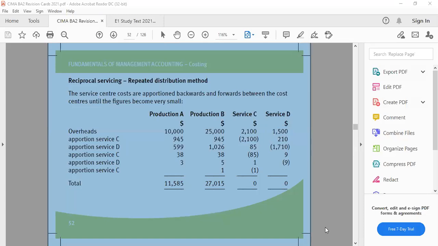So let's start writing. There are two production departments. And there are two service departments. So first one, production department. First, let's do repeated distribution method.